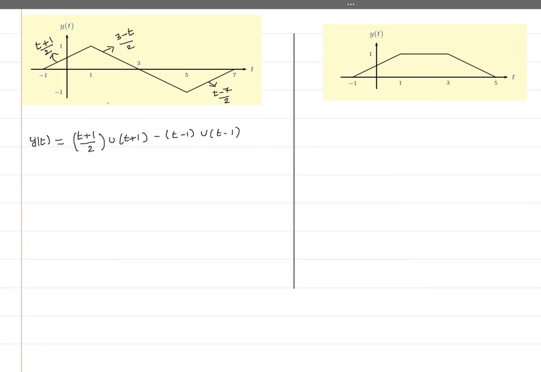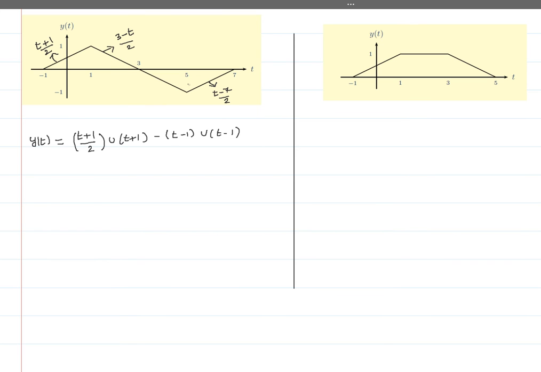Because initially before 1 the slope of the signal is half, and after 1 the slope of the signal is minus half, and hence we should add a signal with a slope of -1 to the signal at 1. And because it starts at +1, you should have u of t minus 1.